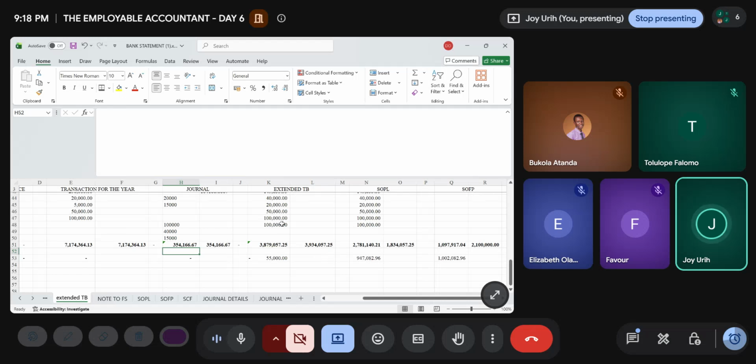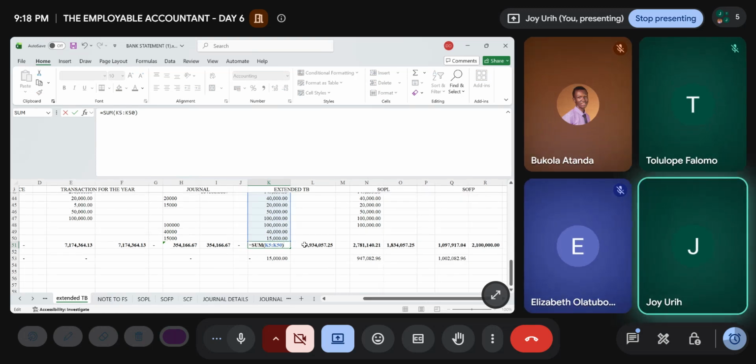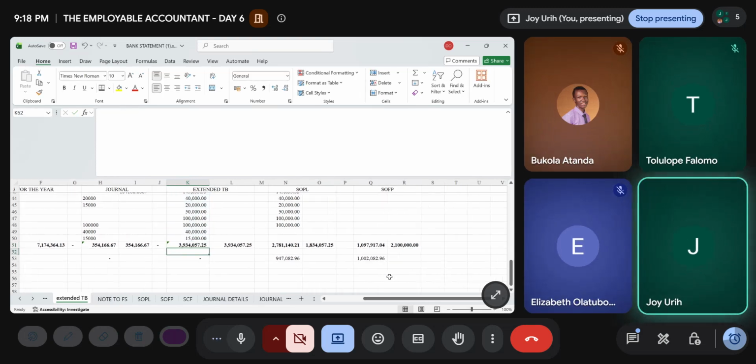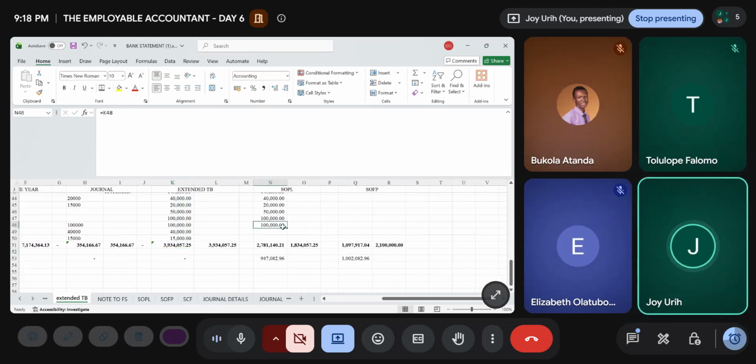Is there any that is not showing where it's supposed to be? I think this is not summing up as well. There's one that is not adding up. So all of these are not showing here. I need to drag it down, and also check my calculation, my summation.